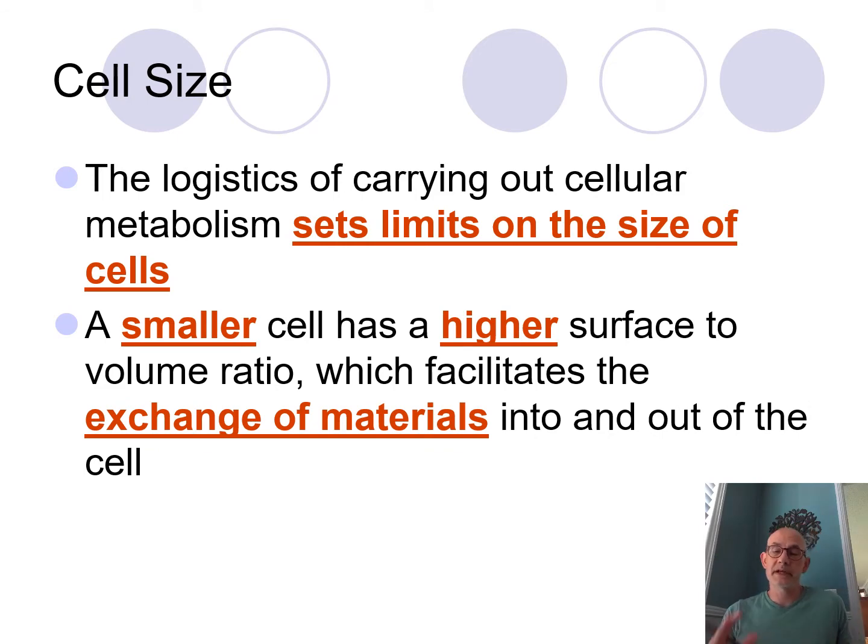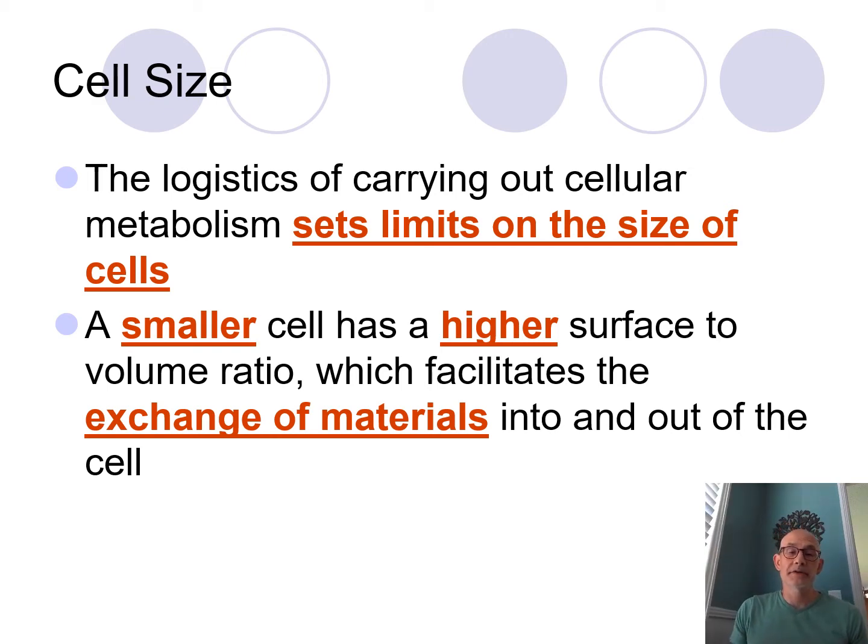So the bigger the cell gets, the bigger the surface area, yes, but the internal volume is going to grow exponentially larger than the surface area. So essentially what happens is the surface area can't take in enough nutrients and can't get rid of enough waste for the internal part of the cell to survive.